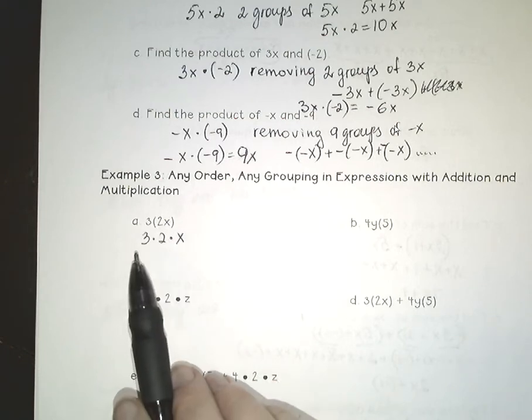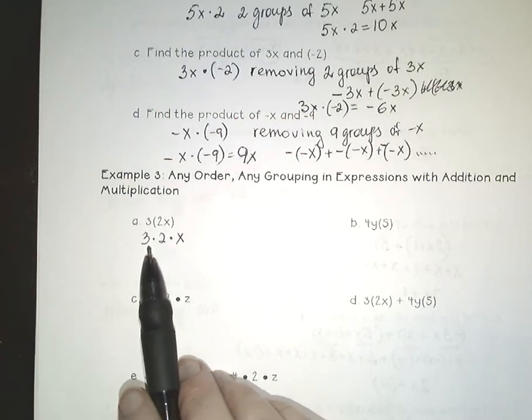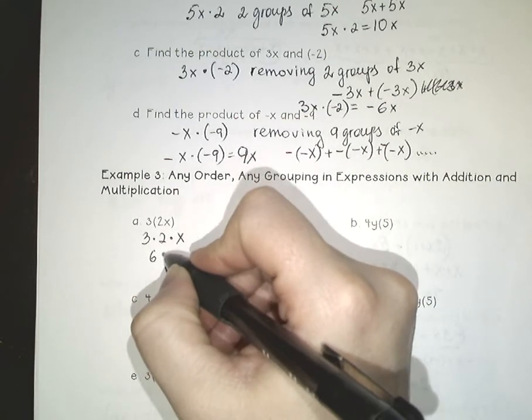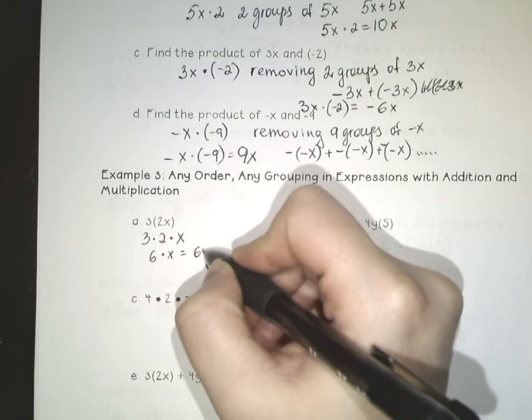So 3 times 2 times x. If you want to do it this way, it will be easier for you to understand. Go for it. 3 times 2 is 6. 6 times x is 6x.